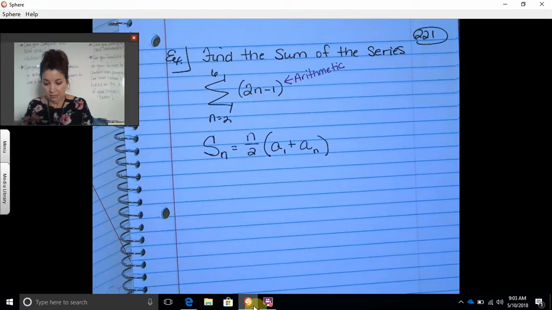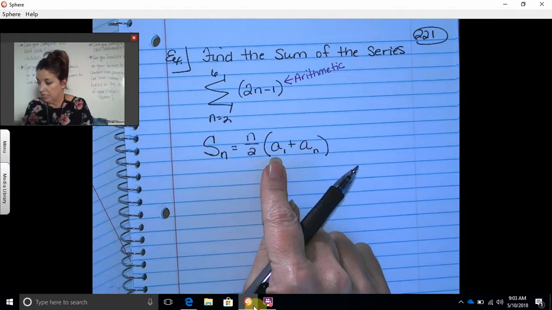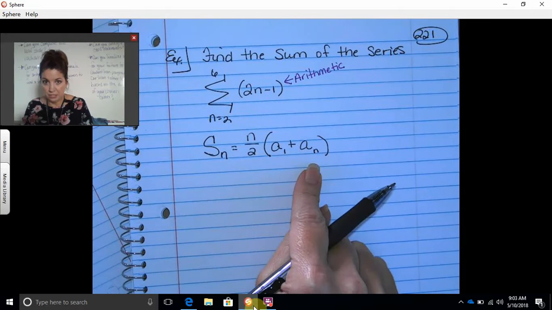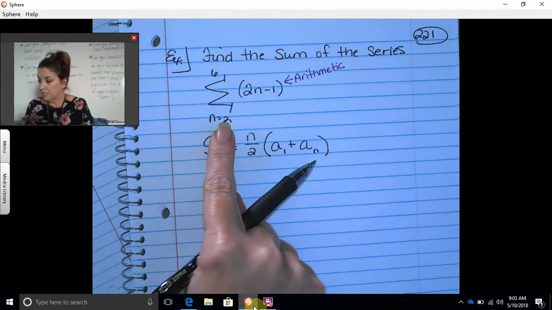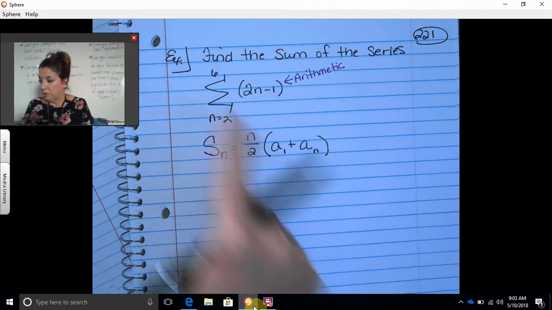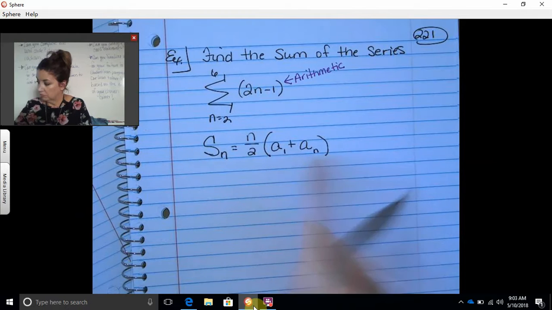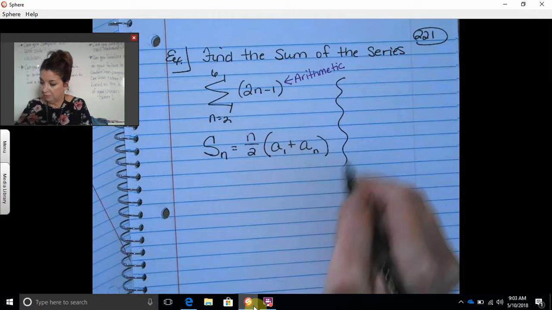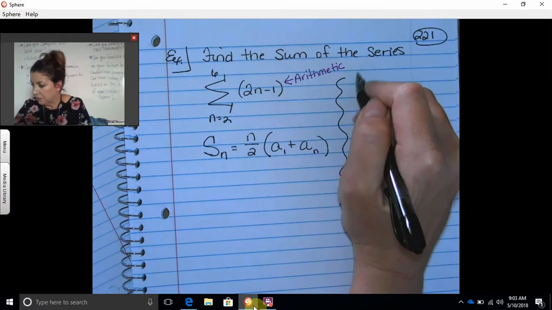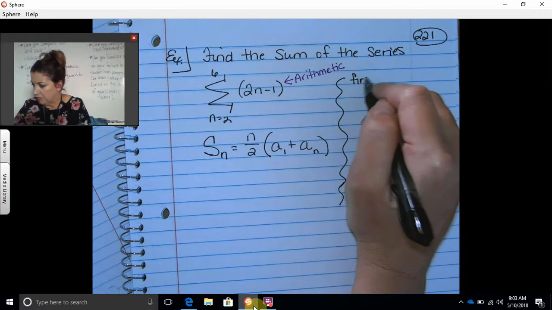And remember, for this formula, we have to know the first term of the sequence and the last term. So we use the lower limit to find the first term and the upper limit to find the last term. That's what I do over here on the side. I usually find my first term first, though it doesn't matter which one you find first.